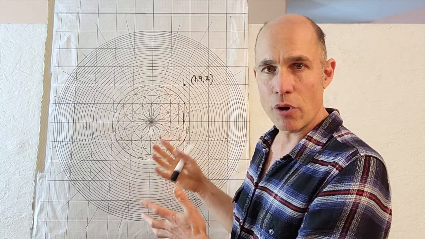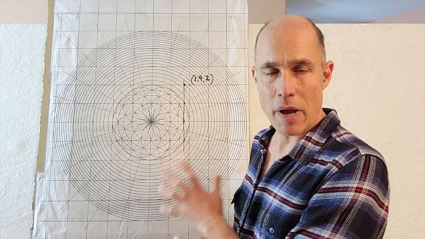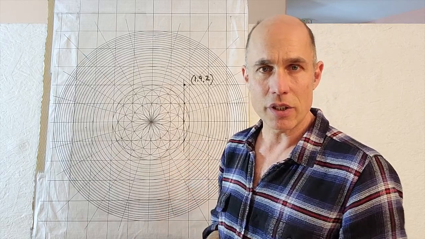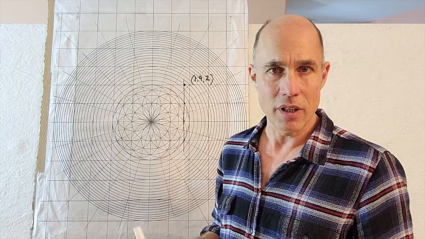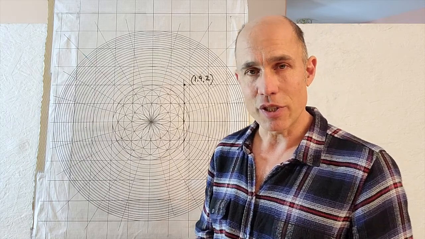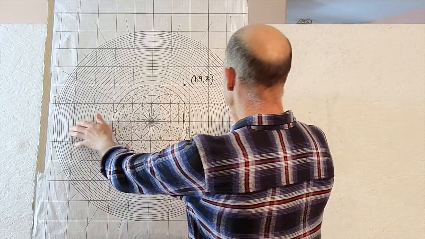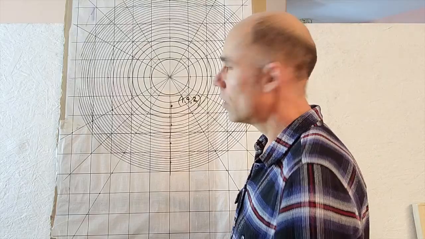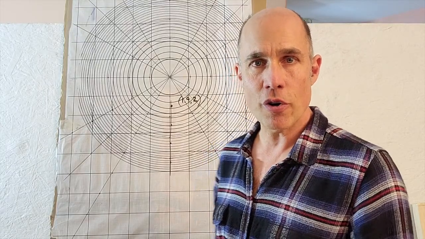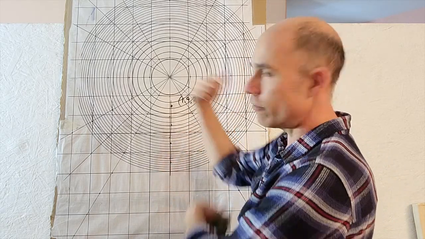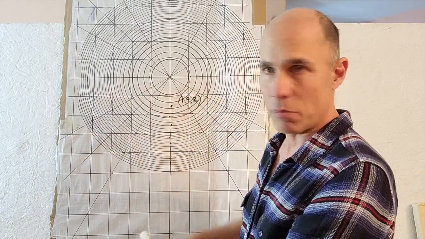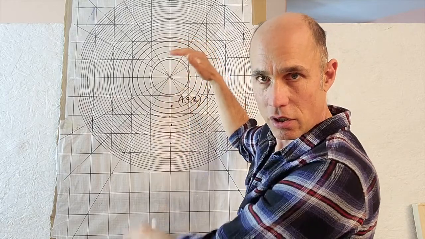So I'm going to flip the board around where I have that geometric pattern on the back, and then we'll take a look and see if we can figure out why the numeral that represents the number 7 looks the way that it does. Okay, so I flipped the board around, but what I realized I need to do is also flip it around top to bottom, because this numeral actually goes longer this way.